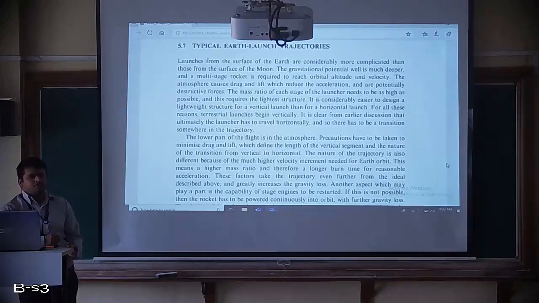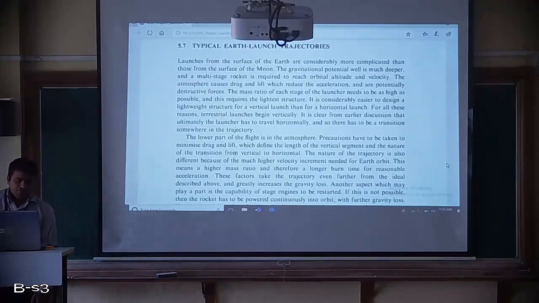Otherwise, you will not get the escape velocity needed to go out of the atmosphere, and it will become quite difficult to cross it. So that is the reason we use multi-stage rockets, to reach orbital altitude and velocity. The gravitational potential is much deeper and stronger on Earth compared to other planets.